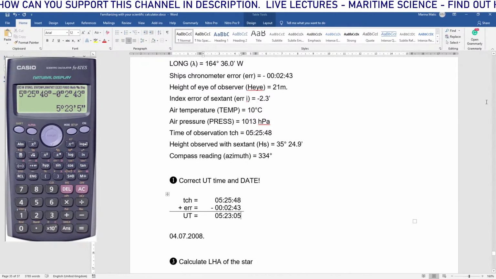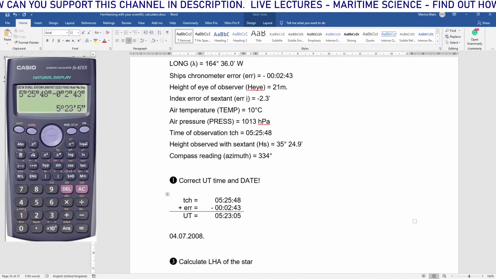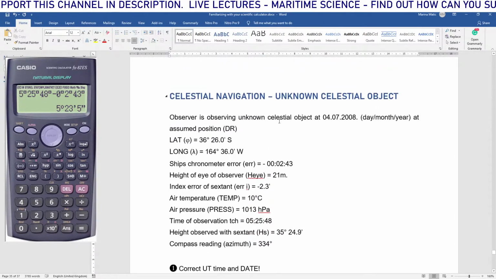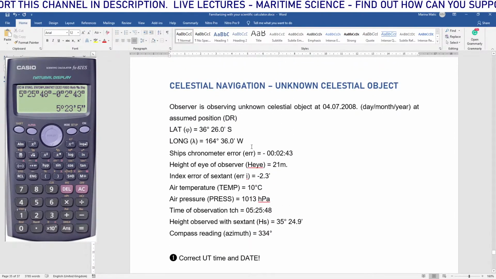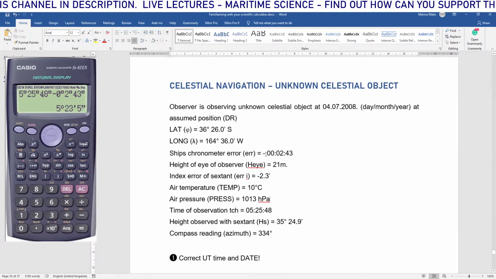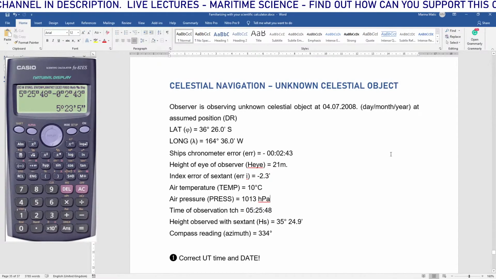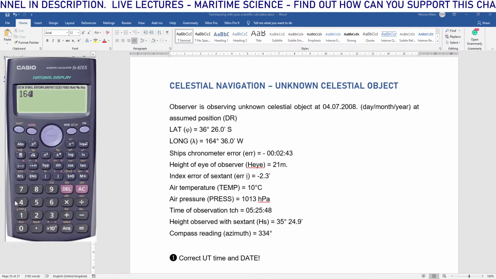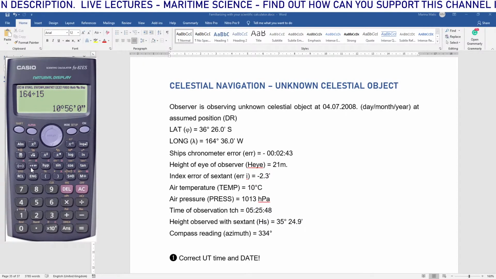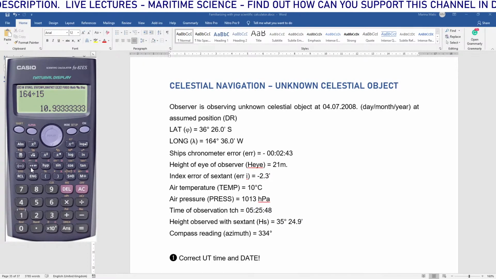Did we cross the midnight? We are at 164 degrees west. So that means we are in time zone 11. 164 divided by 15 is 11. So that's time zone minus 11.